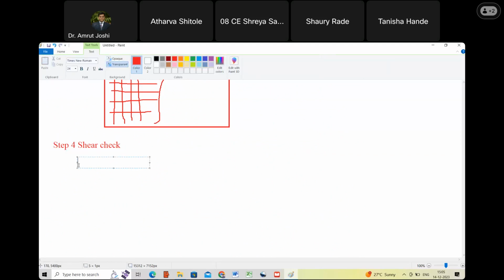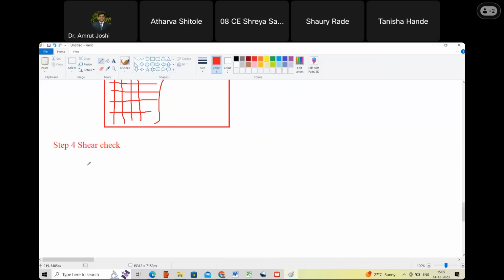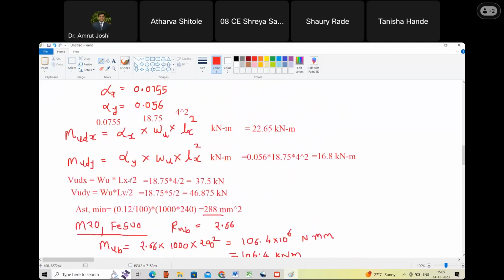So for shear check, first we need to calculate what is the value of tau, shear stress at ultimate design load. Tau VUD. V stands for shear, U stands for ultimate, D stands for design. Happy? Yes, sir.